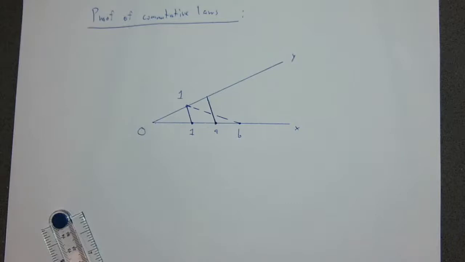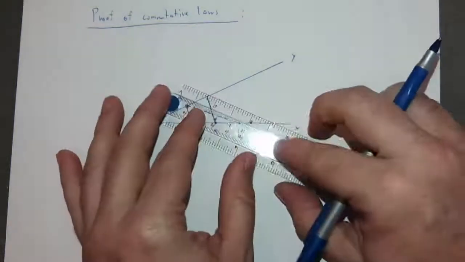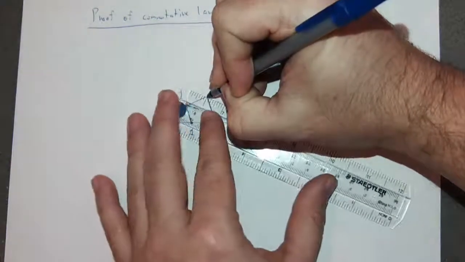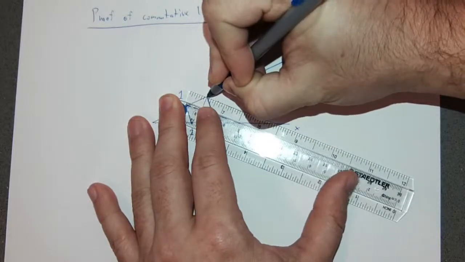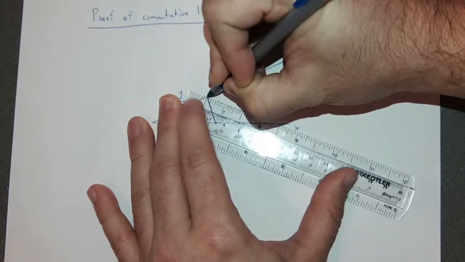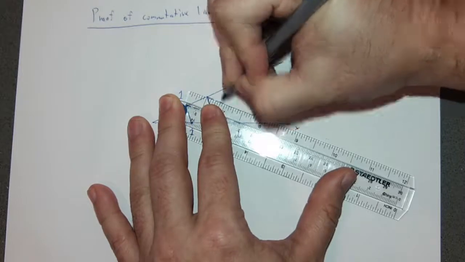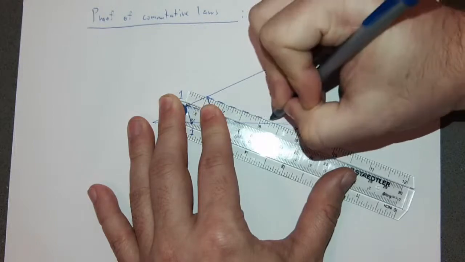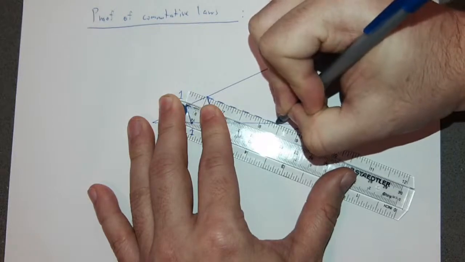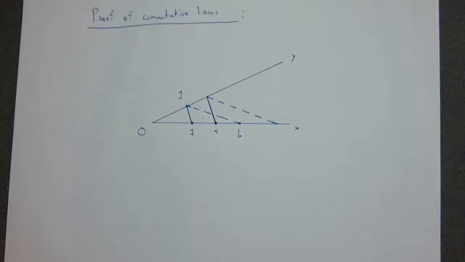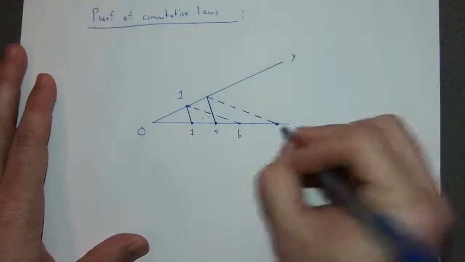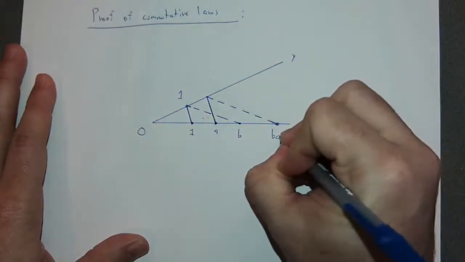Okay. And then I draw a dashed line from this point on the y-axis that is parallel to my other dashed line drawn from B to 1 on the y-axis. And what I get when I do that, maybe that's a little bit off, but you get the idea. This point is then B times A.